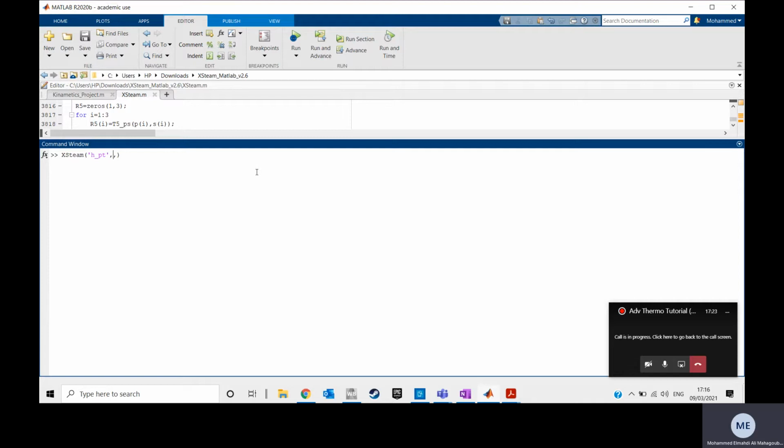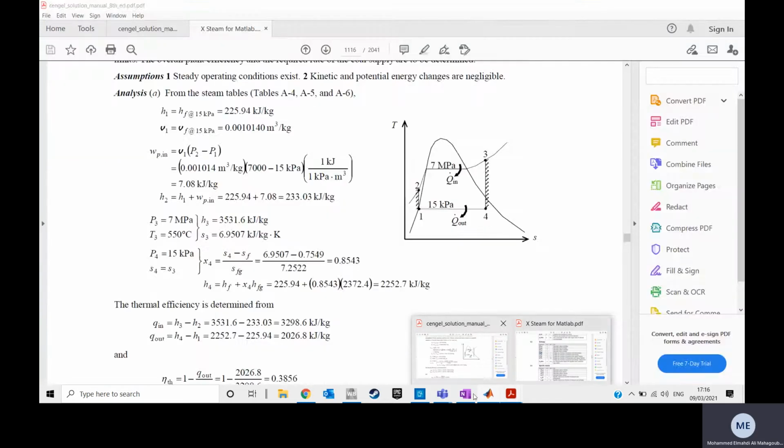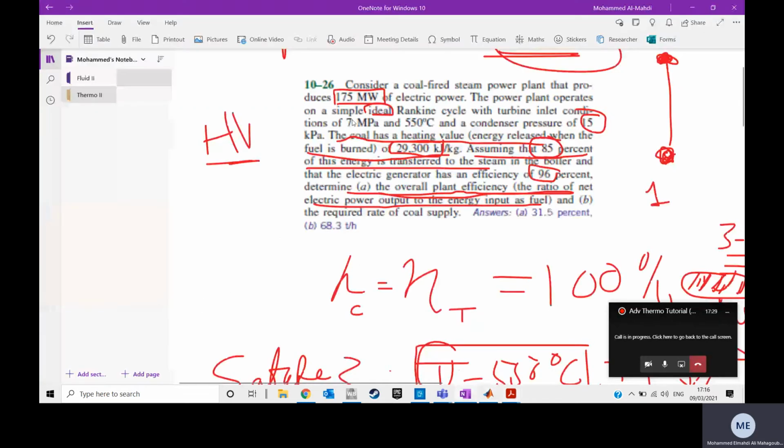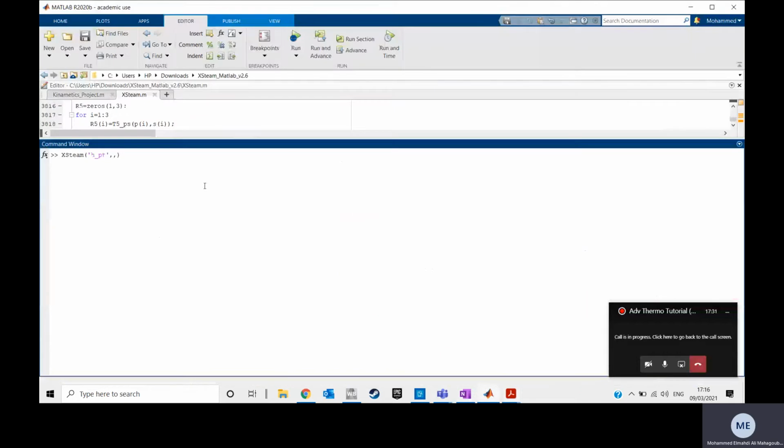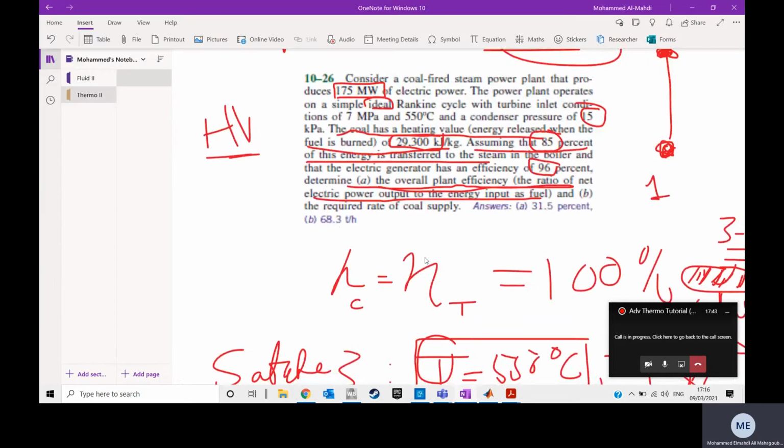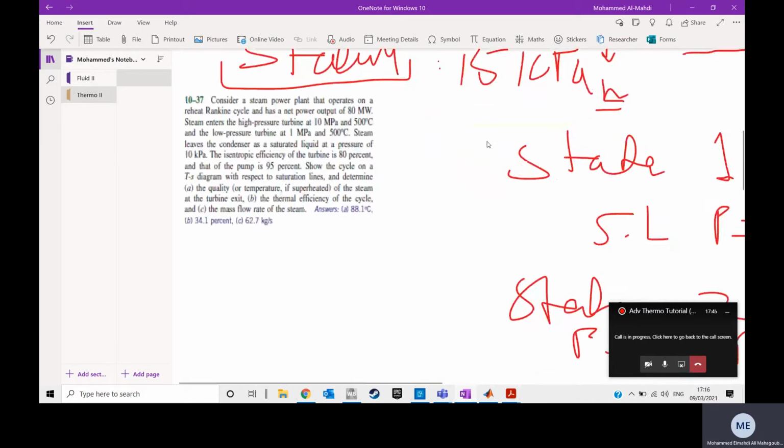So I have 7 megapascals, so it will be 70 in bars, and the temperature is 550. Now enter, and then here you go. This is your H3, as simple as that, without doing interpolation or anything.